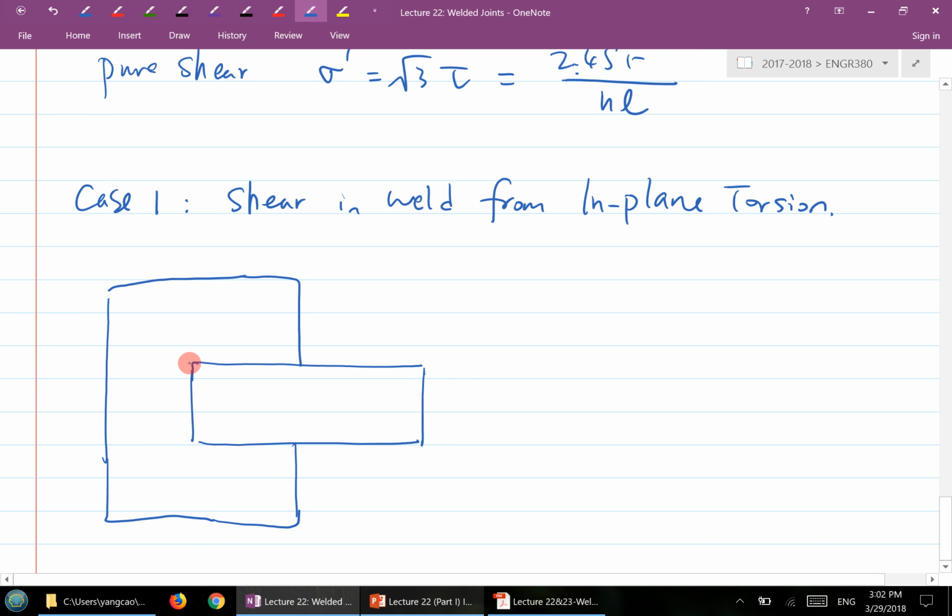So let's say I do a fillet weld, basically one weld on the top and another weld at the bottom. So a fillet weld on the top and the bottom. And here's the loading condition, F.